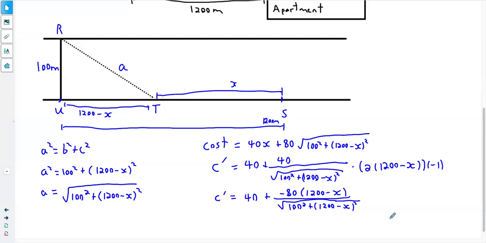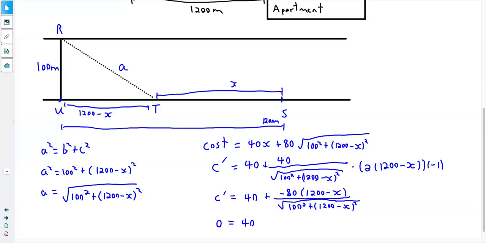Now we want to know where this equals 0. So I put 0 in here, so I've got 0 equals 40, actually we can probably get rid of a plus because we've got the minus there.